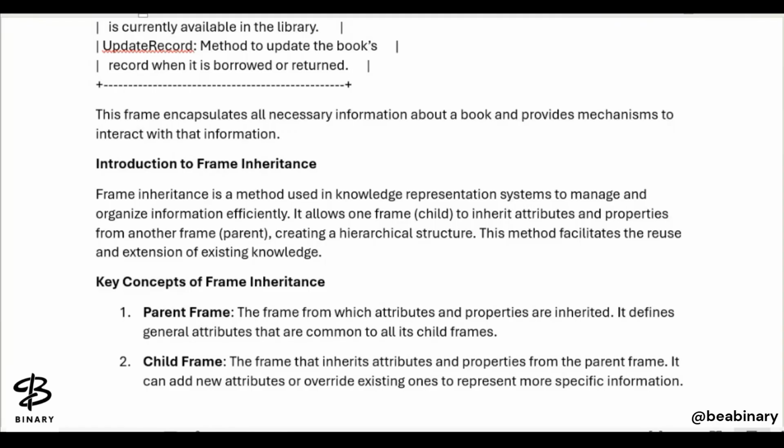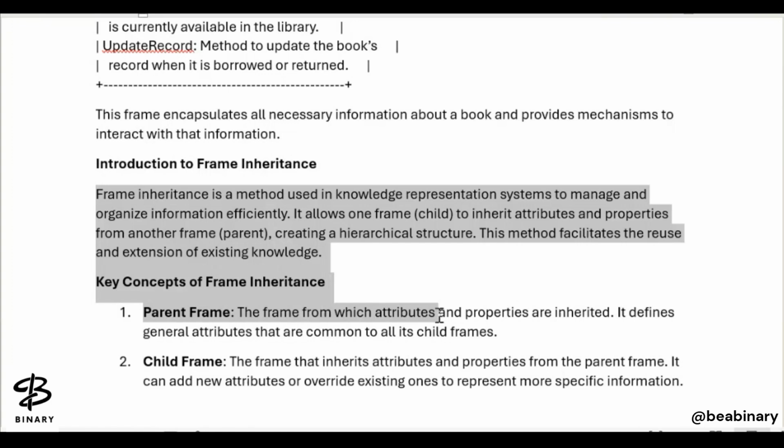Frame inheritance is a method used in knowledge representation systems to manage and organize information efficiently. It allows one frame, the child, to inherit the attributes and the properties from another frame, the parent, creating a hierarchical structure.